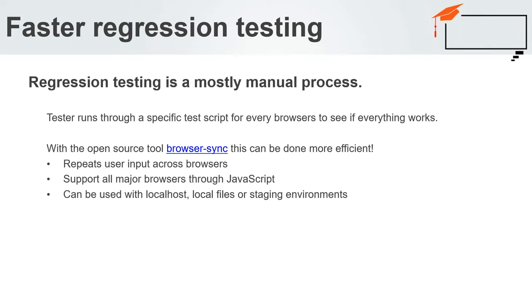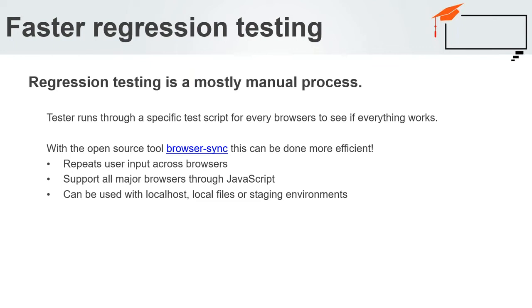Luckily, there's a nice tool available which is called BrowseSync, which can help you do this much more efficiently. It will simply open more than one browser at the time and synchronize your user interactions across to the different browsers.